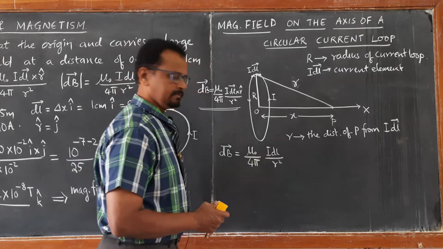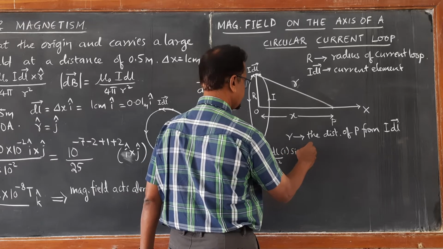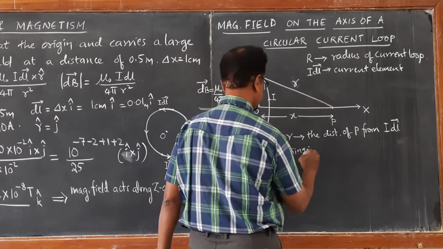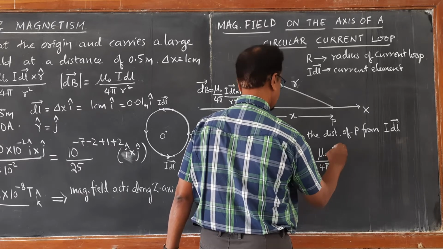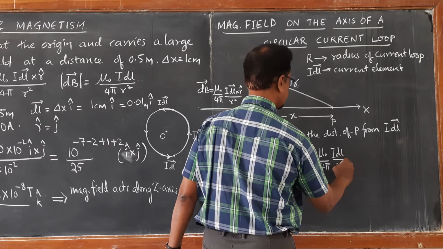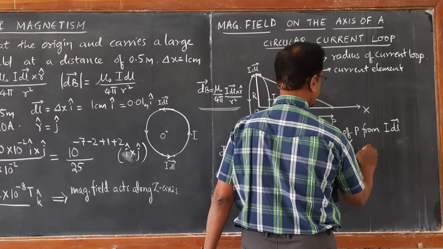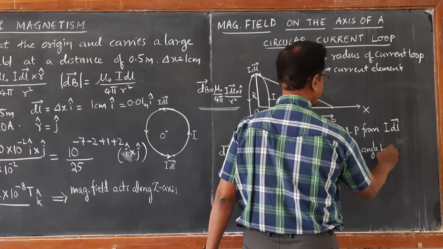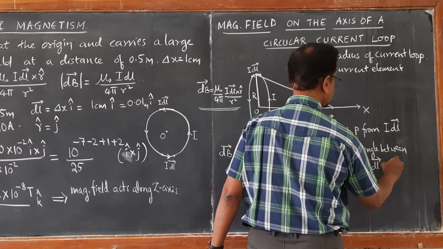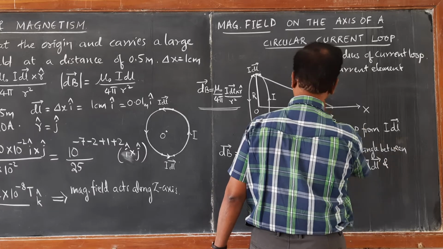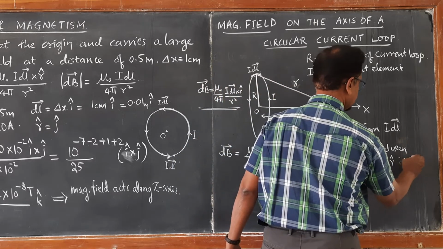Therefore, it becomes Idl. So next step, mu naught upon 4 pi Idl divided by r square, because the angle between the Idl vector and the r cap is 90 degrees.